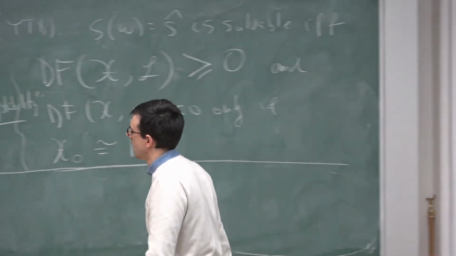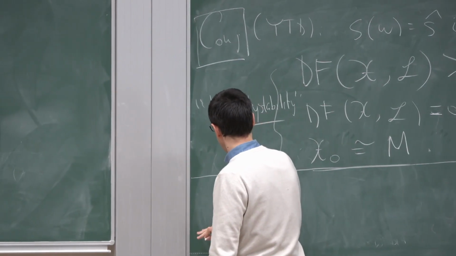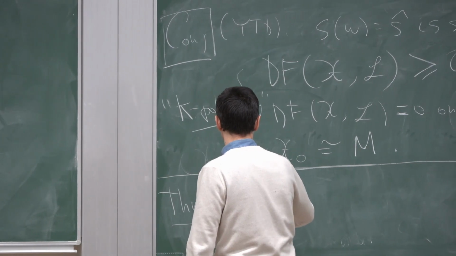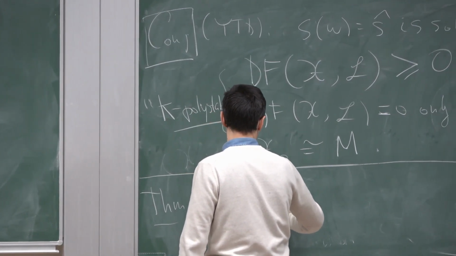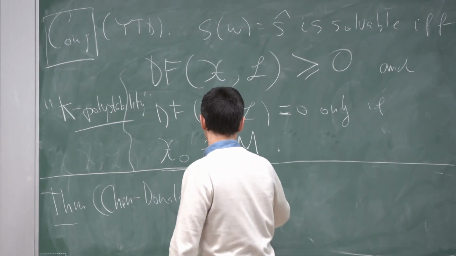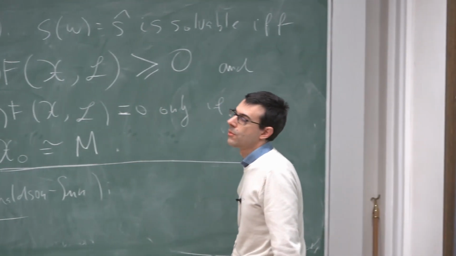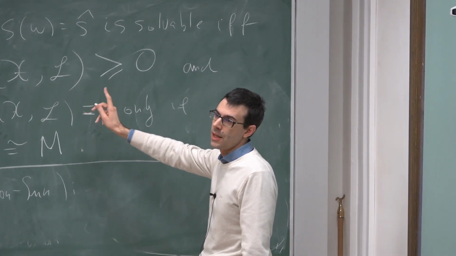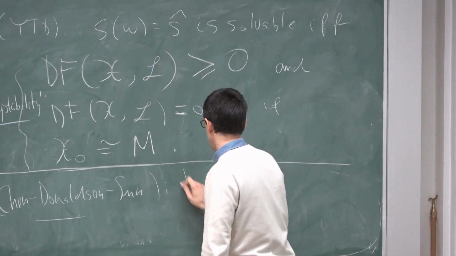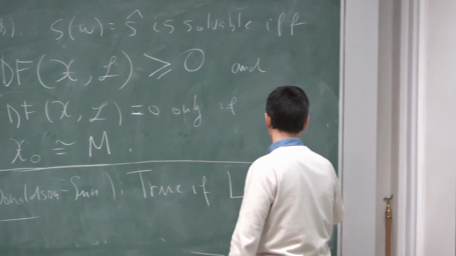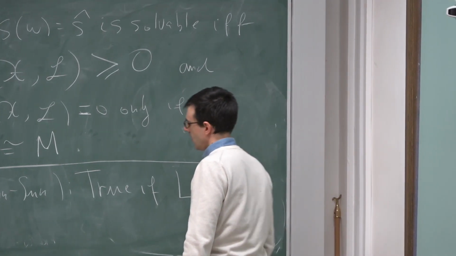So maybe the main thing is the theorem by Chen, Donaldson, and Sun. The conjecture is true when the polarization is the anti-canonical, which is the Fano case.